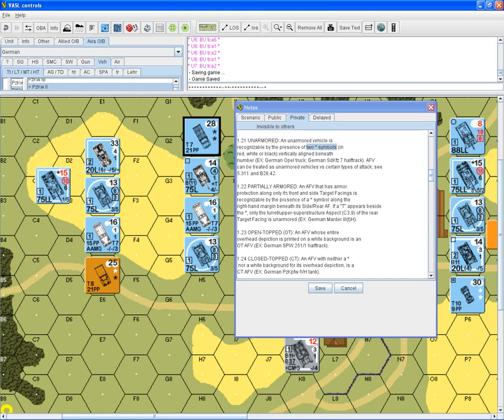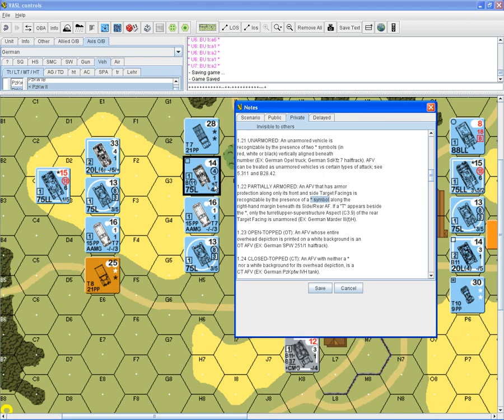The next classification would be a partially armored vehicle. That's this vehicle. And these are recognized by the presence of a star symbol again along the rune hit margin and beneath its side or rear armor factors.